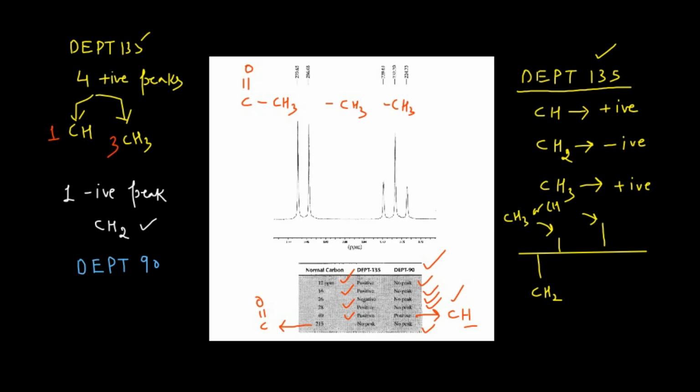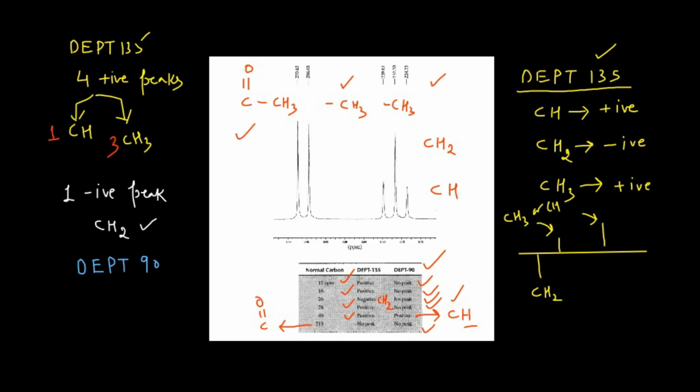And then you have confirmed one CH2 group from the DEPT NMR spectrum. This is the negative peak. This negative is due to the CH2, right? And then from the DEPT 90, you have confirmed this CH. So you are having these things, okay?